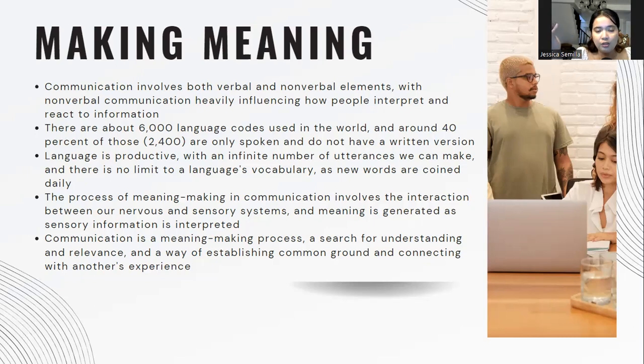So according to studies there are about 6,000 language codes used in the world, meaning different languages, different terminologies like that. And around 40% of those are only spoken, and some of those do not have a written version because they have their own language codes.